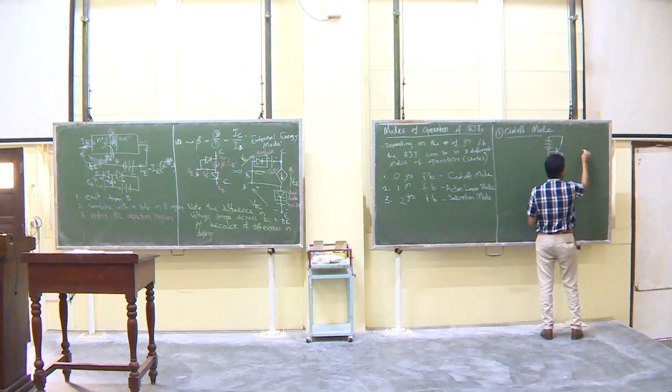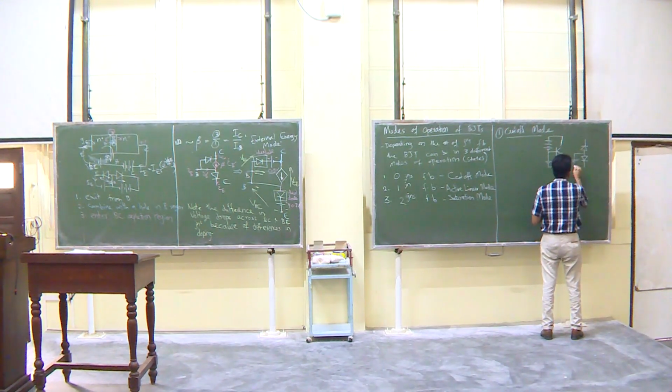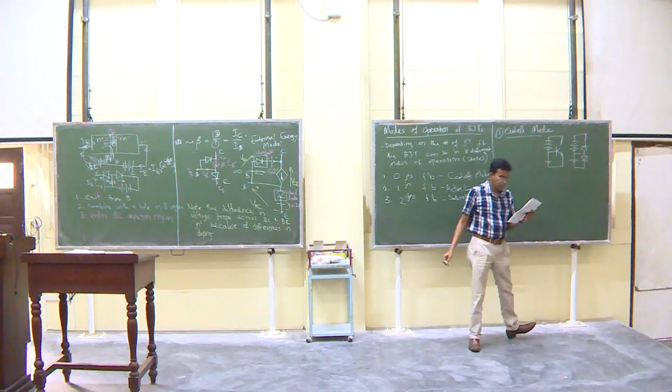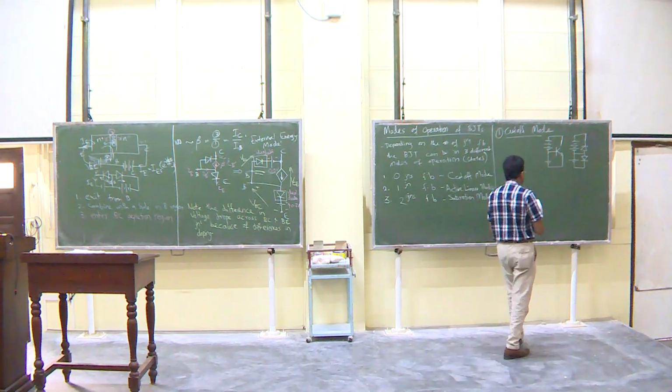If you look at the back to back diode model, something like this, you have a reverse biased and a forward biased diode.